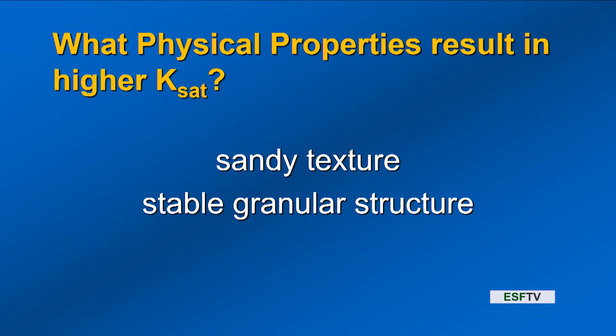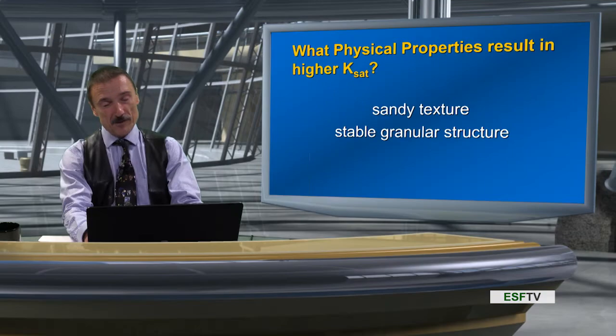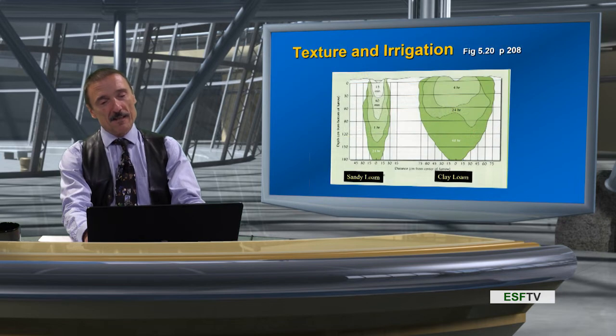So remember granules, those beautiful little pieces that have large pores between them and hold water. So those two variables would lead to a relatively high Ksat, a high rate of saturated flow. Saturated flow takes place through the macropores. Think about that for irrigation and texture.